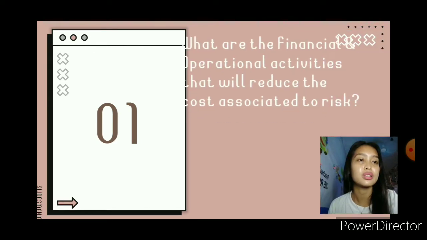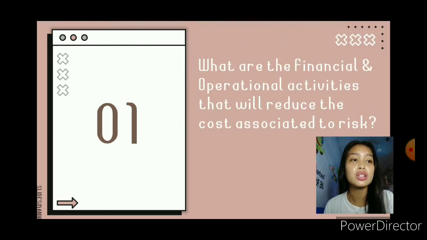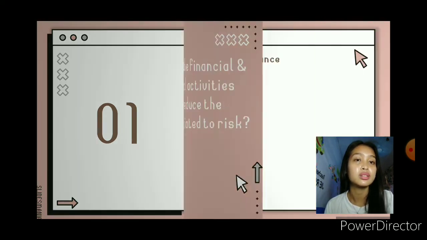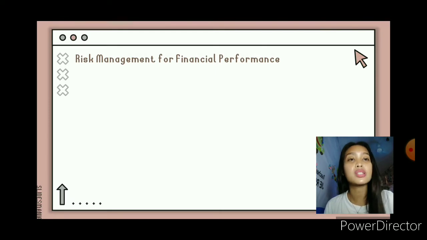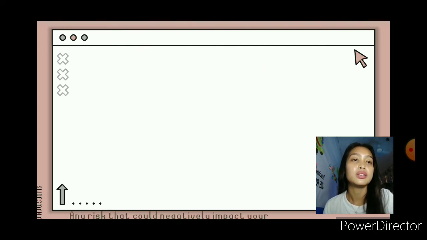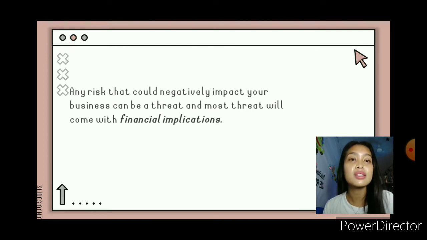So first, what are the financial and operational activities that will reduce the cost associated to risk? So let us first tackle the financial performance. So risk management for financial performance. Any risk that could negatively impact your business can be a threat, and most threats will come with financial implications.